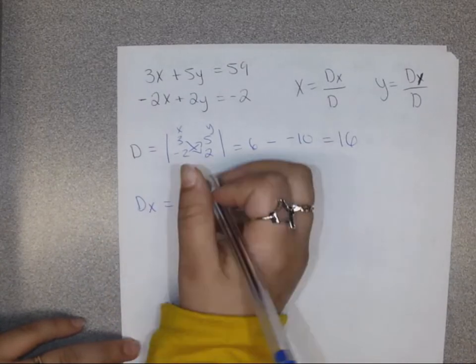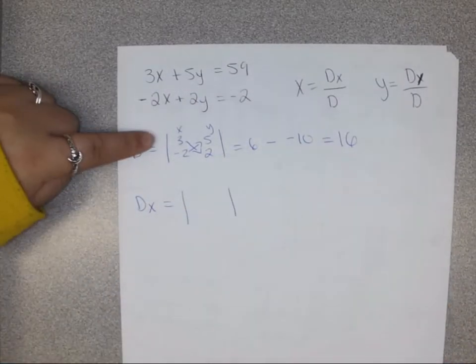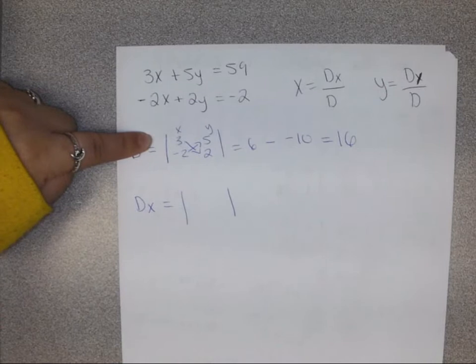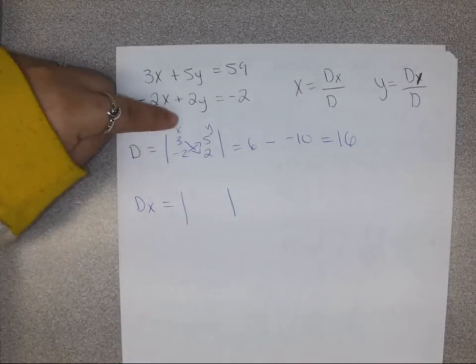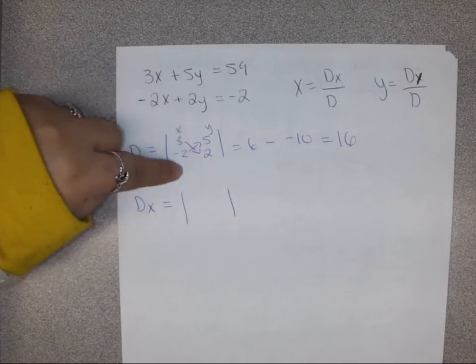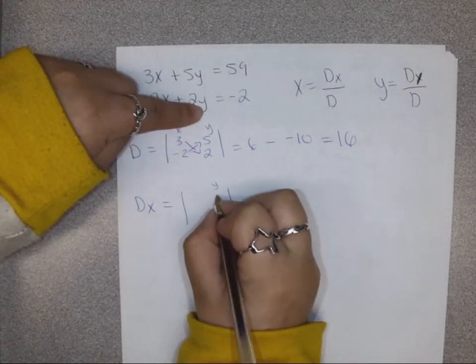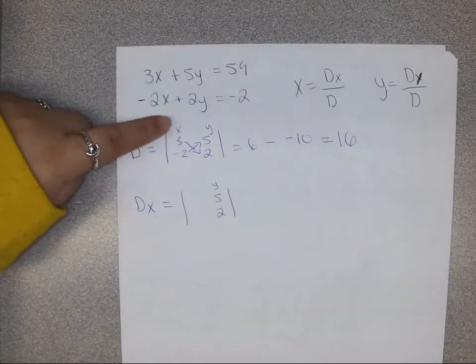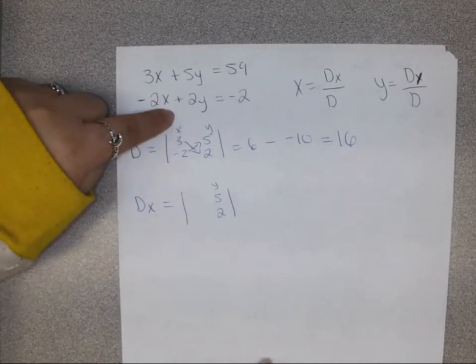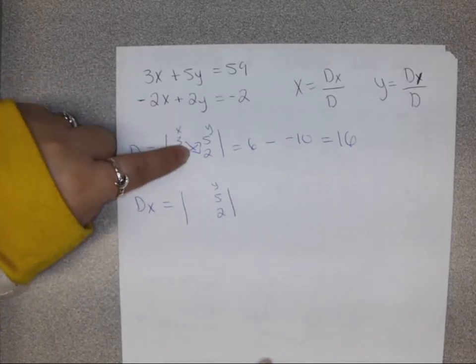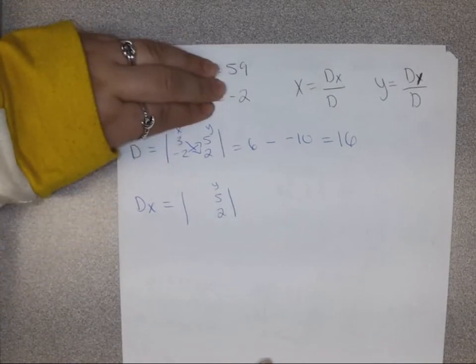The determinant of x is going to be, you look at the determinant of your system, but because we're interested in the determinant of x, you're going to change your x coefficients. So that means my y coefficients stay, but we're going to change whatever variable we're looking for. We're going to change the column of those coefficients into the numbers on the other side of your equal sign.